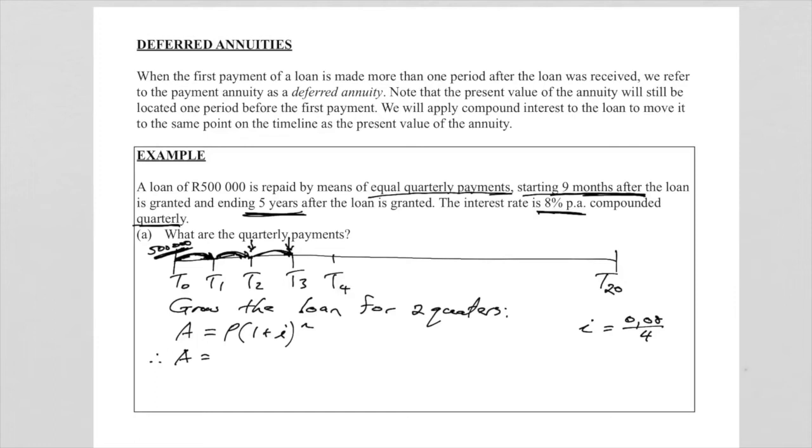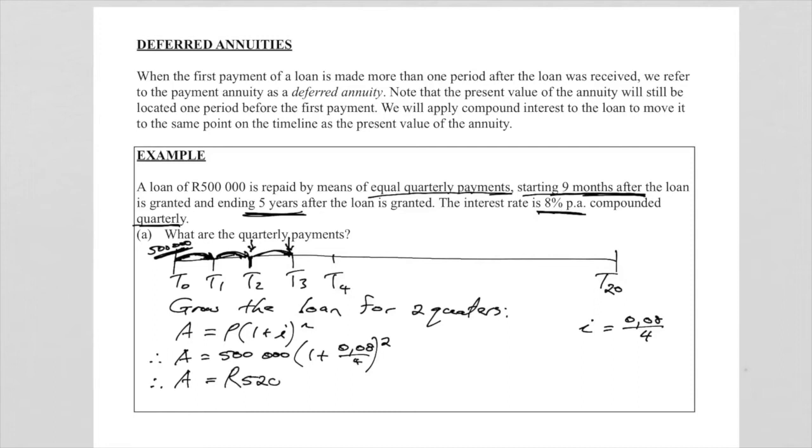So the loan is 500,000, and that loan we need to grow with the interest rate of 0.08 over 4, and we're going to grow it for 2 quarters. Remember, that n represents now the number of quarters, and that is 2, because we need to grow the loan up to T2. So easy now to find this answer by using our calculator, and I hope you agree.